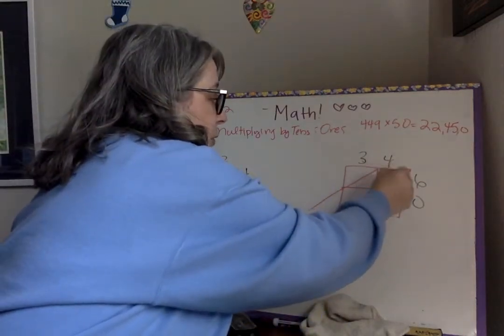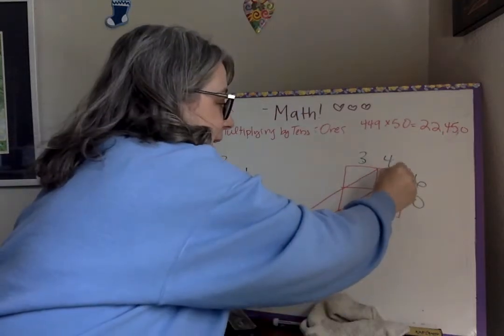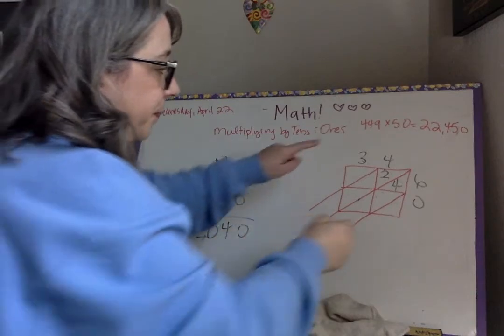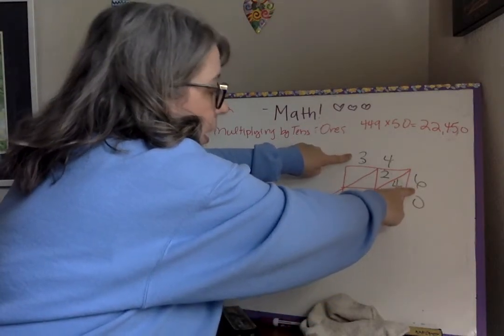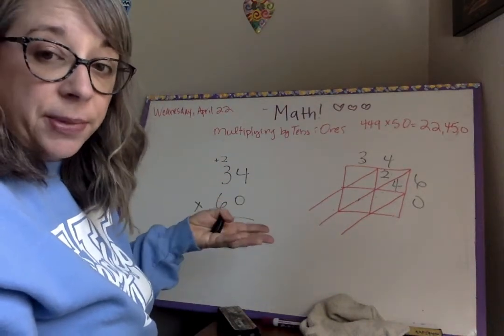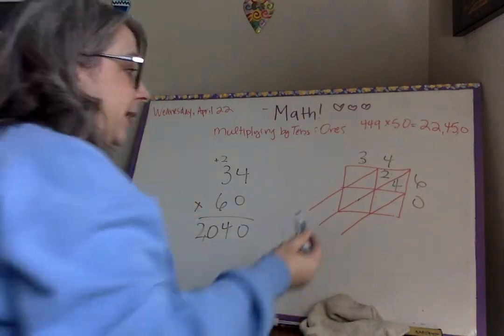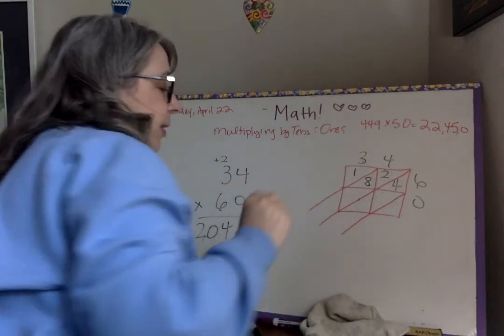Put a 2 in our tens place and a 4 in our ones place. 6 times 3, if we know that 3 times 5 is 15, well then what's 3 times 6? We're going to add 3 to 15 and get 18. So 1 in the tens place, 8 in the ones place.